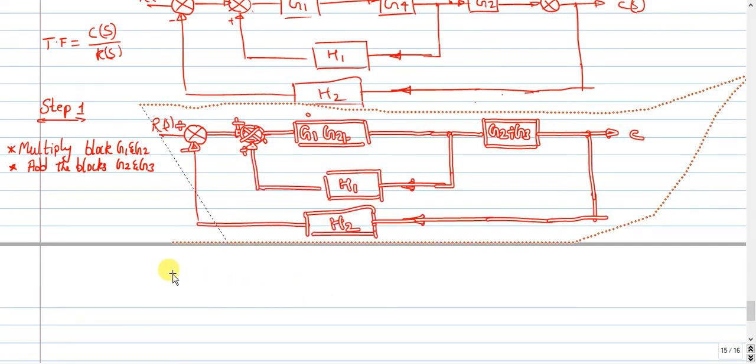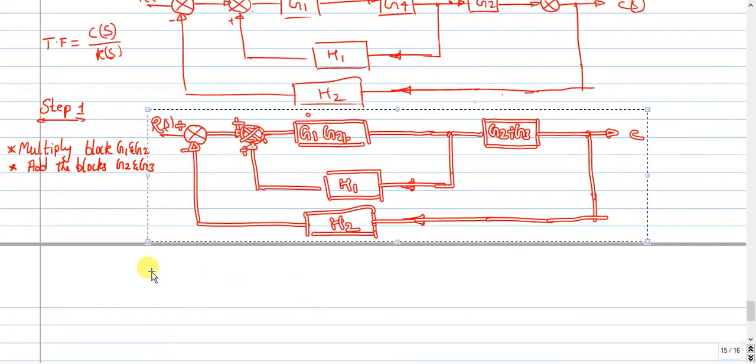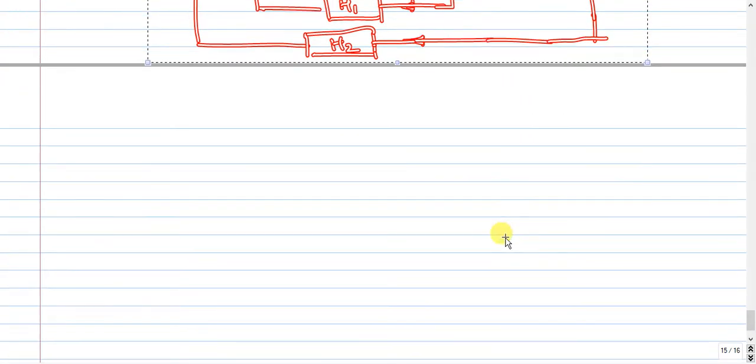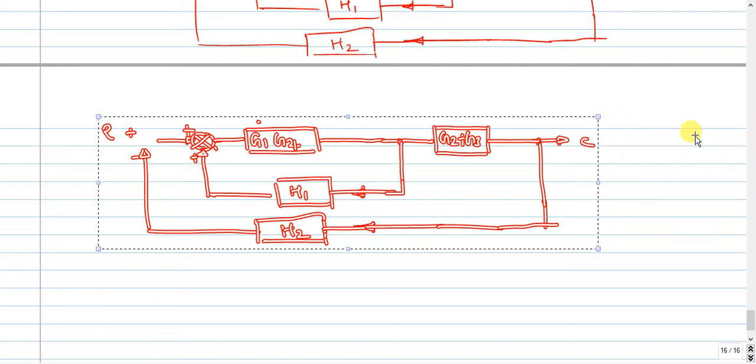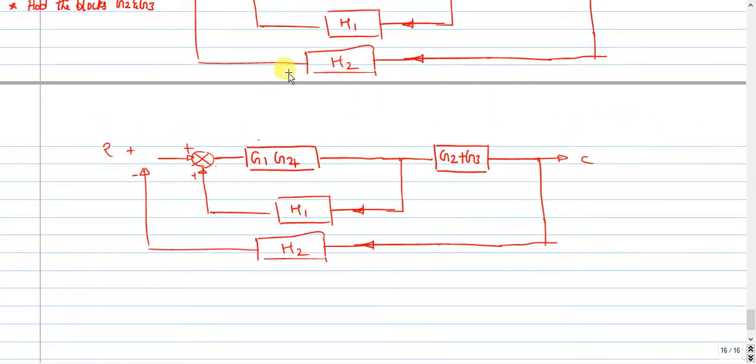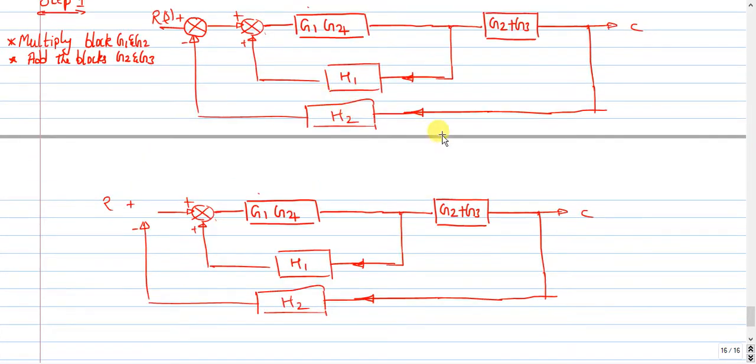Then you need to consider that particular loop and reduce it by applying the formula. So the same, I will check whether any feedback is available.